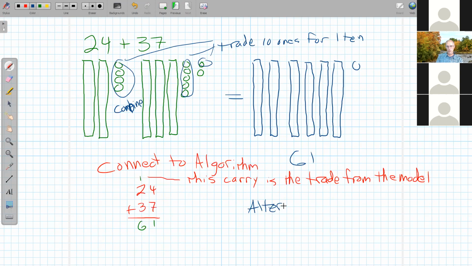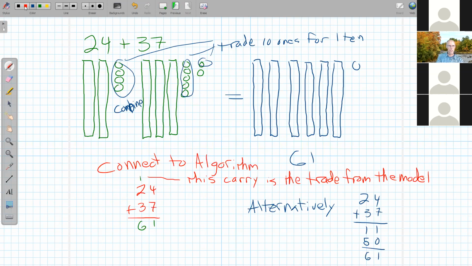So alternatively, the expanded algorithm for 24 plus 37 would be to just say 4 plus 7 is 11. I have 11 ones in this picture. And then 20 plus 30 is 50. And there's my 61.